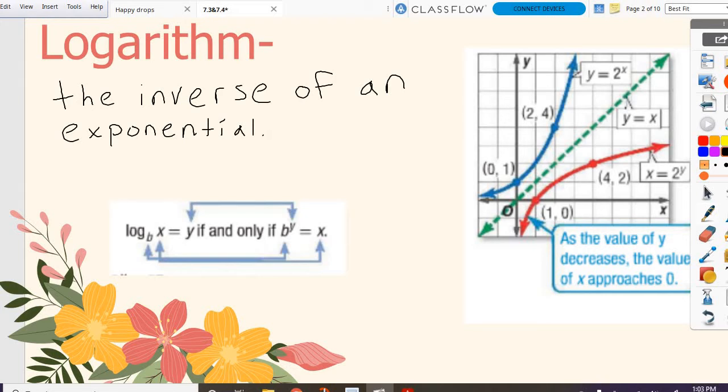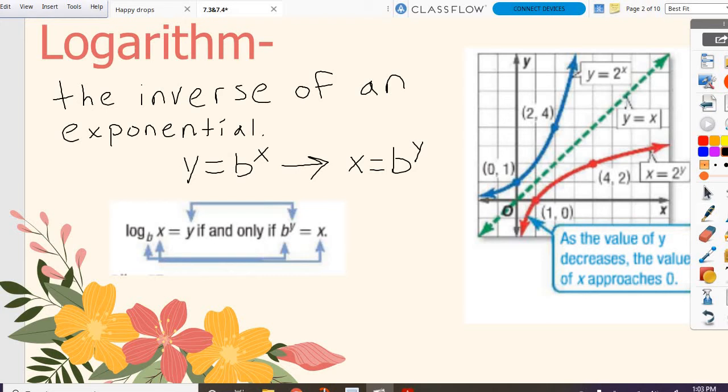If we were looking at this, say we had something like y equals b to the x, and we wanted to take the inverse of that, remember that we would switch our x and y. And then we would need to solve for y. But the problem is that because the y is in our exponent, we wouldn't have a way to do that until we get to logarithms.